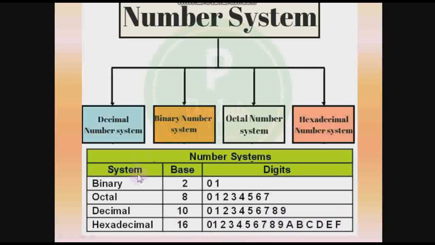So there are four different types of numbers and four different bases to identify them, and the digits used in each are written here. With the help of this video, I'm just going to show the video.